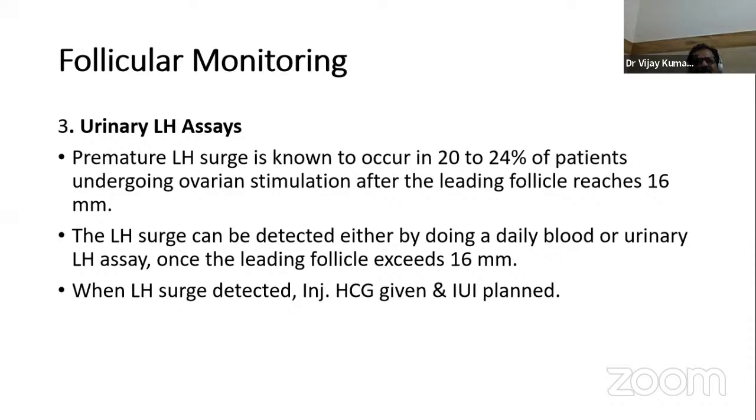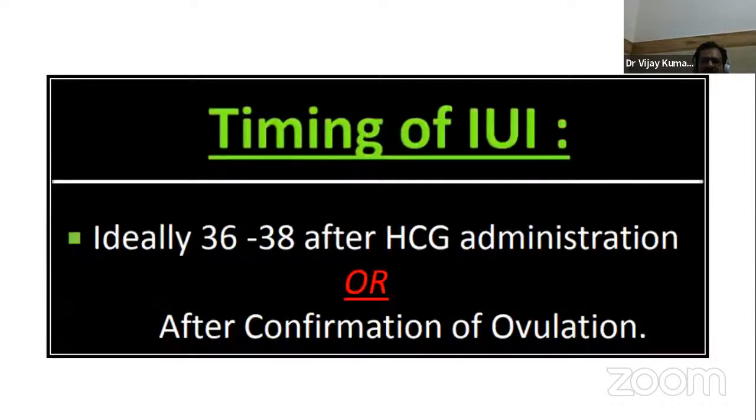There are many kits available which indicate whether she is having an LH surge. If there is an LH surge, you can ask the lady to come 36 to 40 hours later for IUI in natural cycle cases. Otherwise, we give HCG and then time the IUI at 36 to 38 hours.